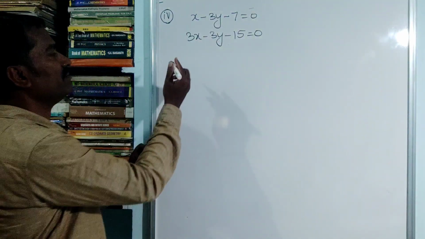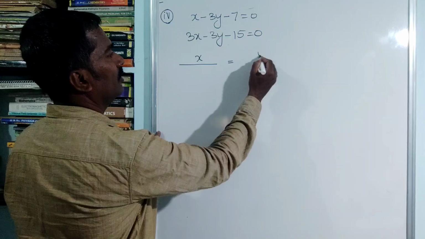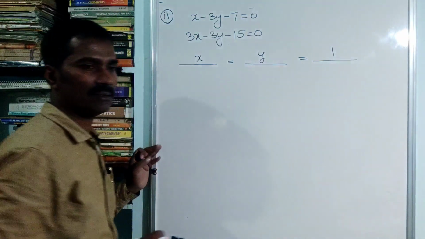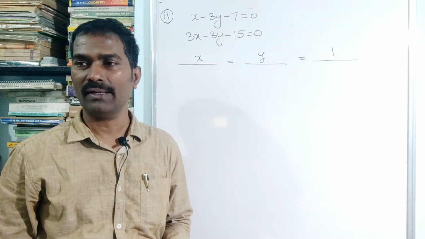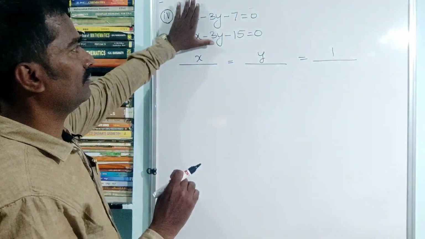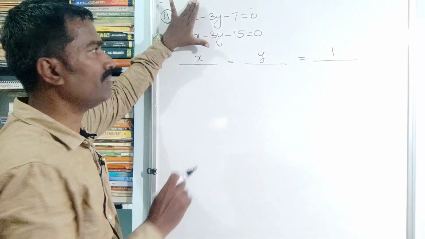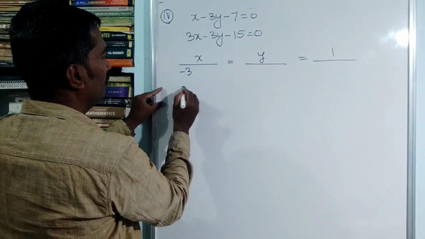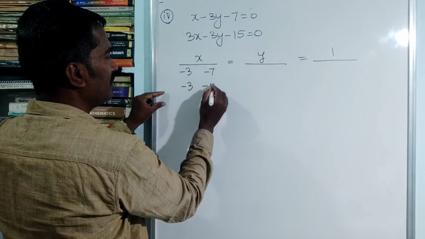For cross multiplication method, first we write x divided by, y divided by, 1 divided by. This is a rule: x divided by, y divided by, 1 divided by. Next, for x, close the coefficients of x. What are the values left over here? Minus 3, minus 3, minus 7, minus 15.